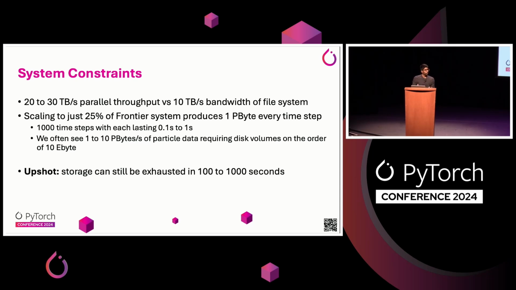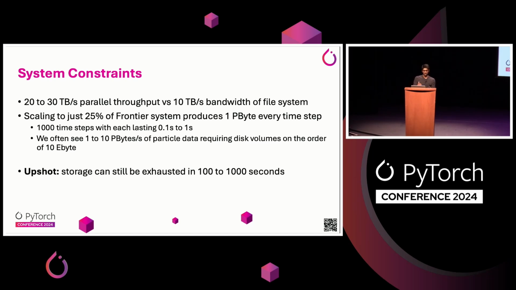And just to give an example, when scaling to just 25% of the Frontier system, so approximately 37,000 divided by 4, about 9,000 GPUs, 1 petabyte of data is produced for every time step.